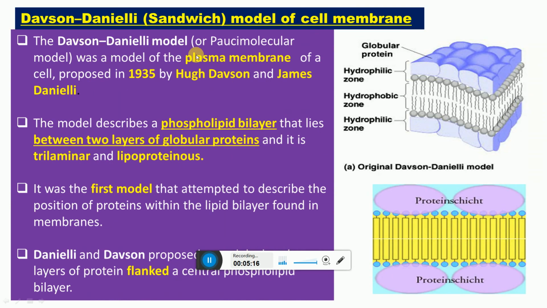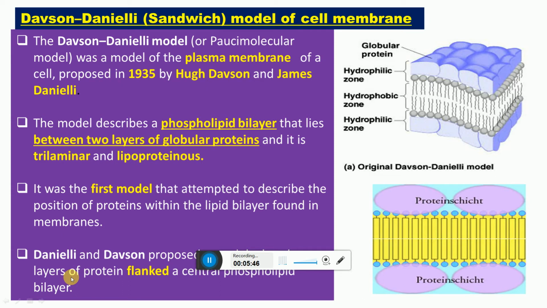The Danielli-Davson model is a paucimolecular model. It was a model of the plasma membrane of the cell proposed in 1935 by Davson and James Danielli. The model describes a phospholipid bilayer that lies between two layers of globular protein, and it is trilaminar and lipoproteinous. It was the first model that attempted to describe the position of protein within the lipid bilayer found in the membrane.